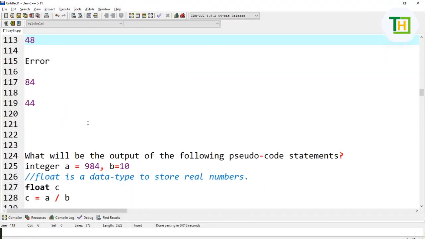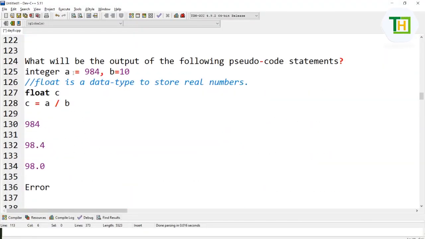And moving to the next question, same similar type of question, this one also. A is equal to 984 and B is equal to 10. Now the result is going to be stored in a float value, but A and B both are integers, right? Definitely the answer is going to be an integer only.